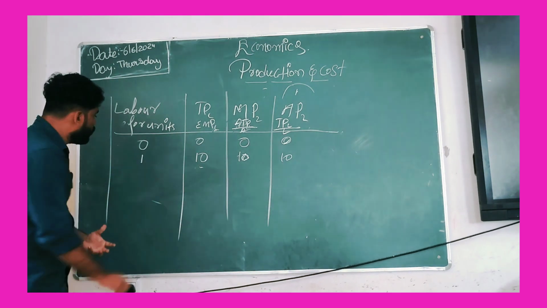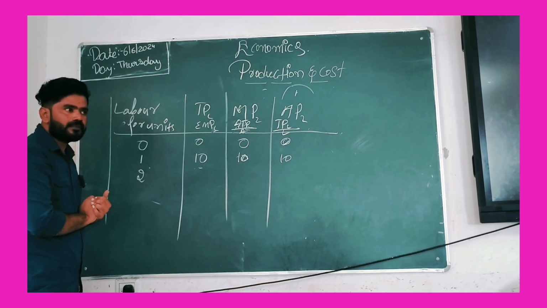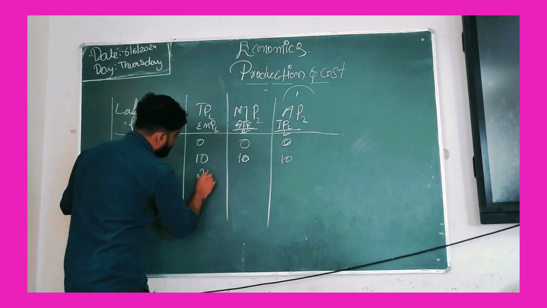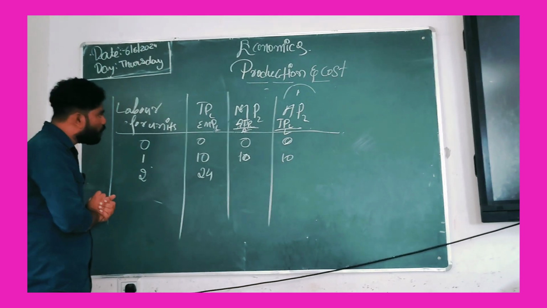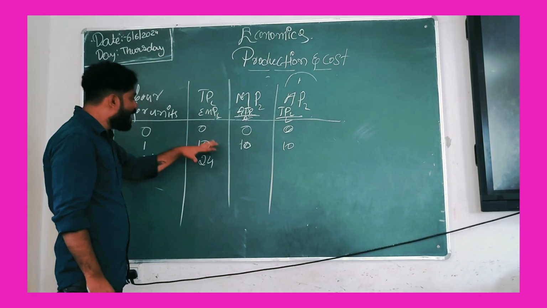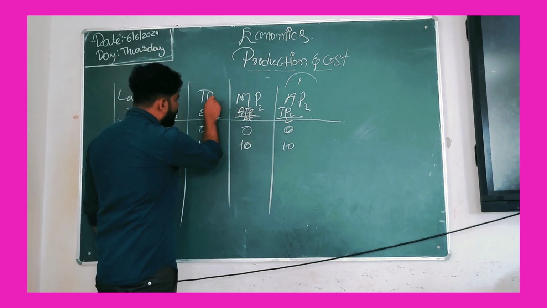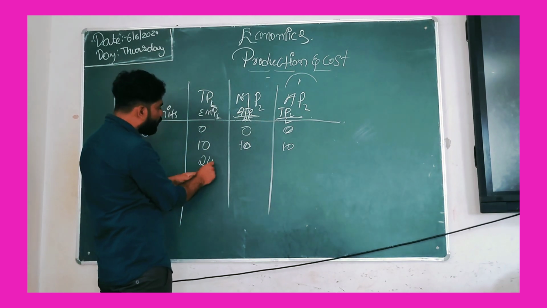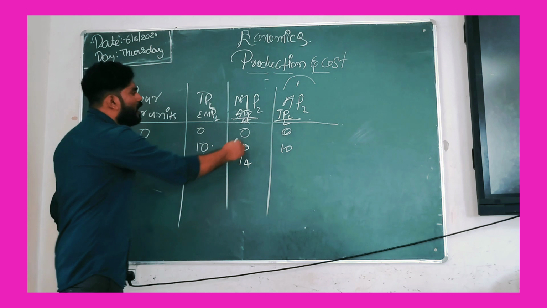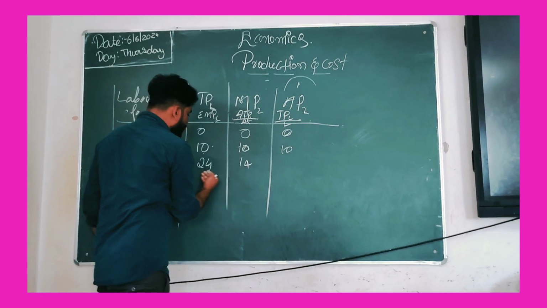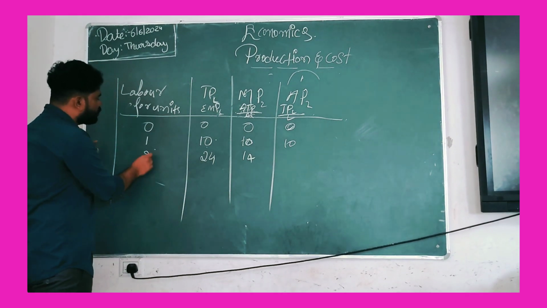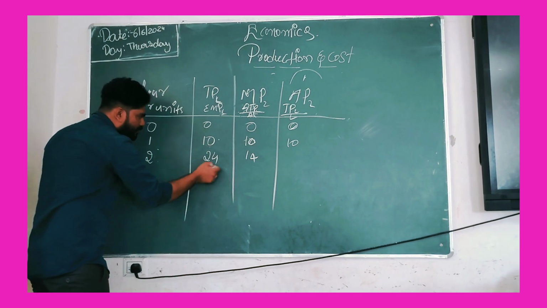If a firm uses 2 units of labor, how much is the output? 24 units. The total product is 24. Here we subtract the previous one: the change in total product for labor is 24 minus 10, which is 14. And how to find the AP, the average product? 24 divided by 2, because with 2 units of labor the total product is 24.